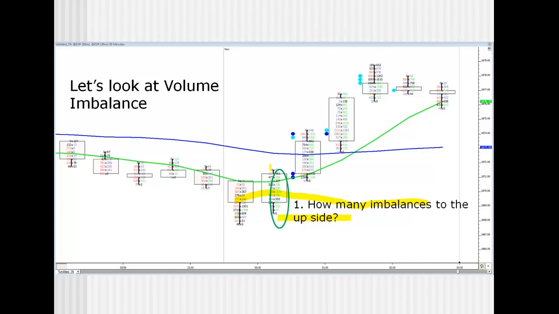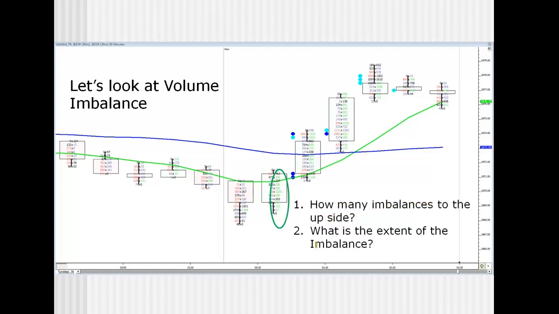If we have both of them about the same, then in fact we have an area of balance. We don't have a significant imbalance. Now, keep in mind, though, that you may end up with more green or more red, so there's another piece to this equation that you really have to keep an eye on, and that is, what is the extent of the imbalance? The extent of the imbalance is very important.